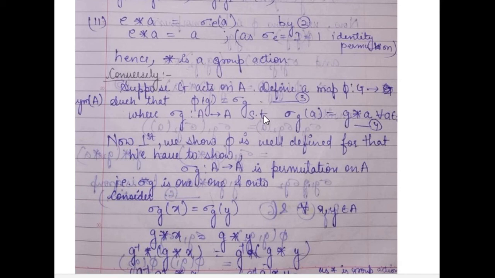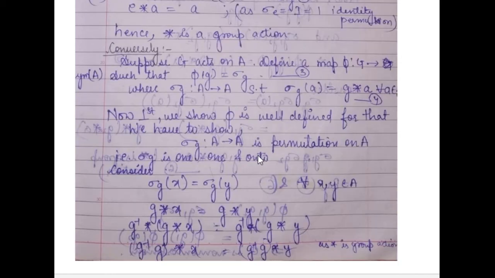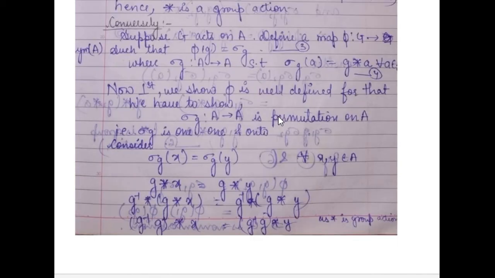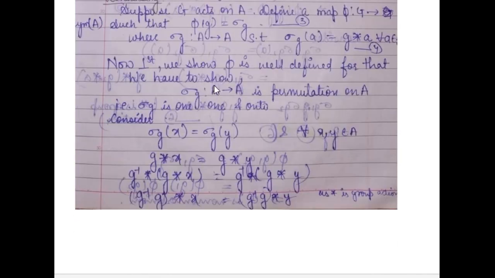We know a permutation is a mapping from a set to itself which is one-one and onto. First of all, we are going to show that phi is well defined. For that we show sigma_g from A to A is a permutation on A, so we have to show sigma_g is one-one and onto.